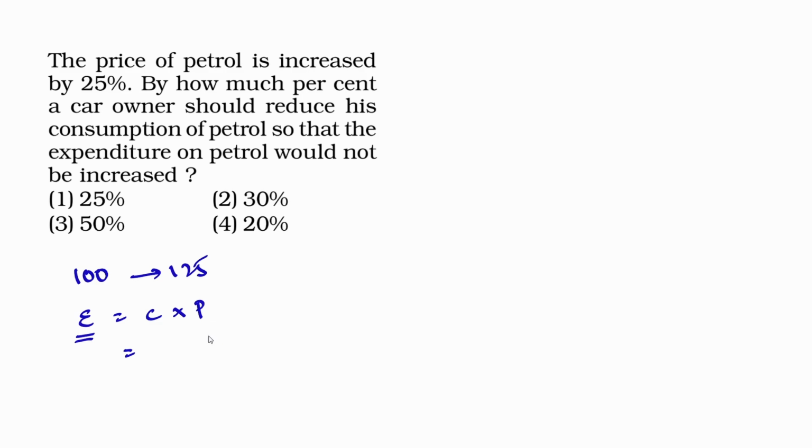So the price increased by 25%, that is, it became 5 by 4, and the consumption should become 4 by 5 of the original value, so that the expenditure remains constant. So this 4 by 5 would lead to an 80% value of the consumption, that is, it's reduced by 20%.